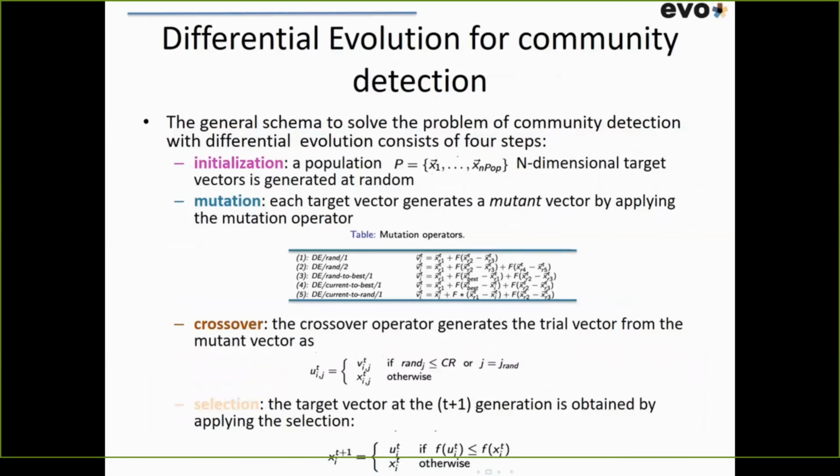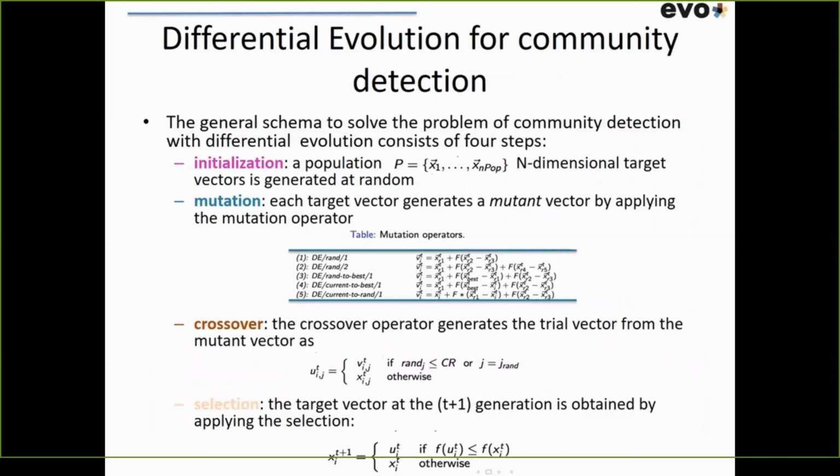For solving this problem, we focus on a particular evolutionary computation technique, which is differential evolution. This technique was originally proposed for solving problems defined on continuous space, but then it has been applied also on combinatorial problems. Generally, a problem solved with a differential evolution algorithm is characterized by four steps.